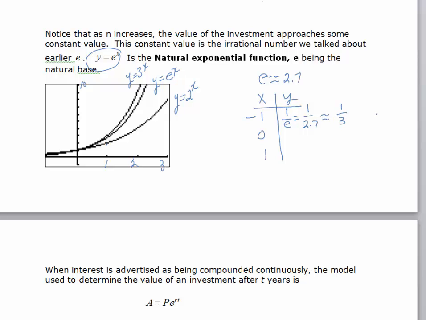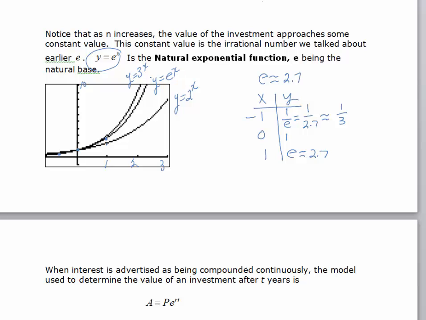Again, we're graphing these by hand, so you're going to eyeball that at around a third. e to the 0 is 1, e to the 1 is just e, or approximately 2.7. So you can see at 0, 1, here's the graph of e to the x, it goes through 1, 2.7, and -1, approximately a third.